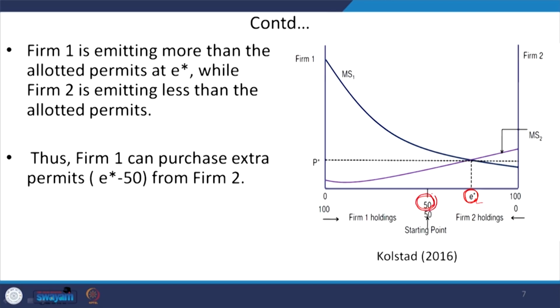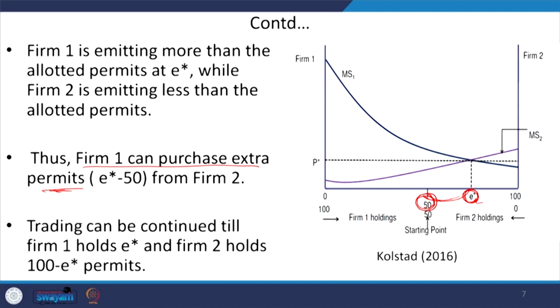In this case, as farm 1 is producing much more pollution than the permitted amount, farm 1 will be purchasing the extra permits from farm 2. What is the extra permit? This level, E star minus 50, is the extra permit that farm 1 needs to purchase. And obviously farm 2 is going to sell, because it is polluting less than E star, whereas it has an apportioned share of 50 permits, which is more than its pollution.